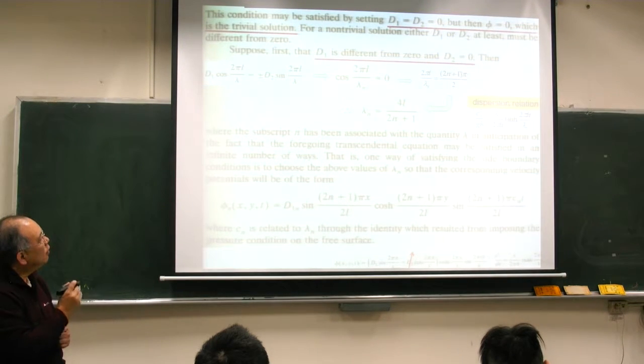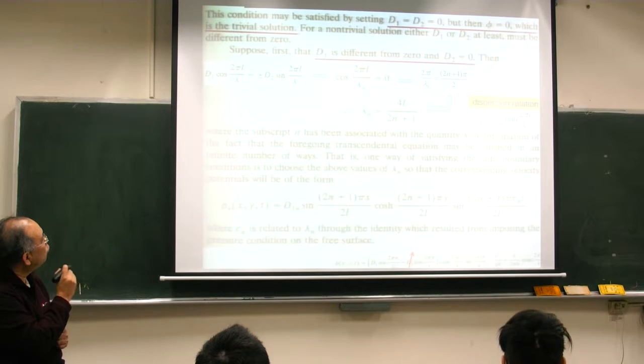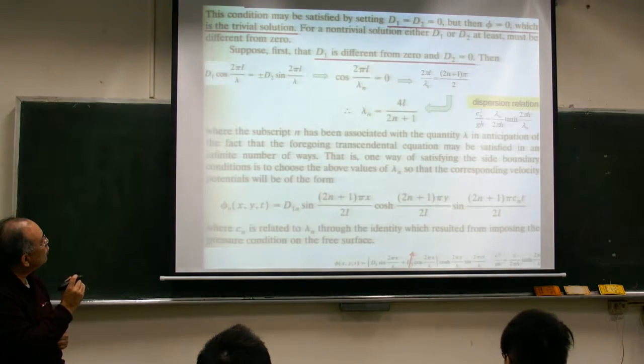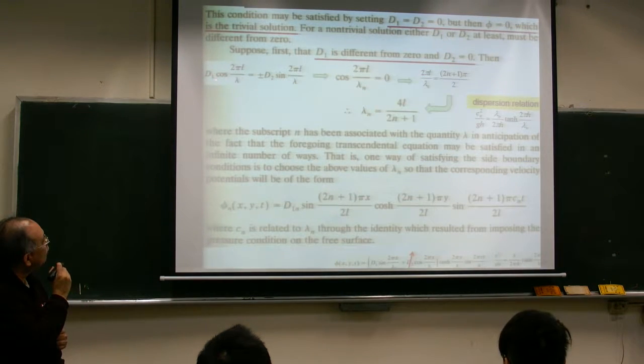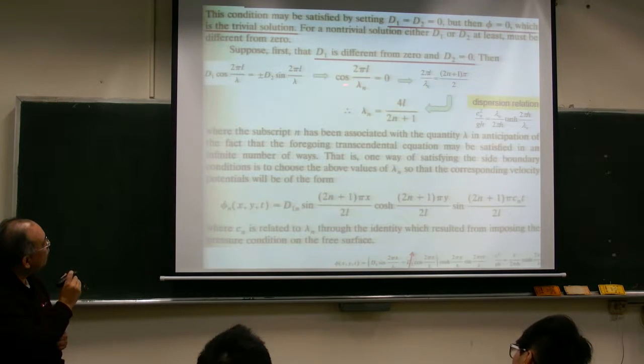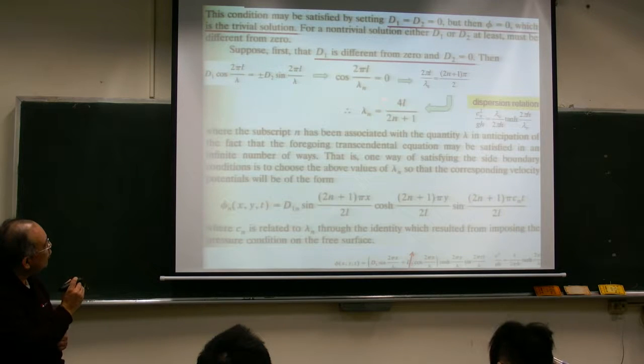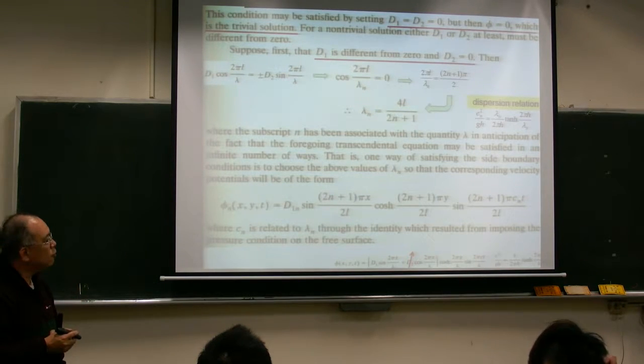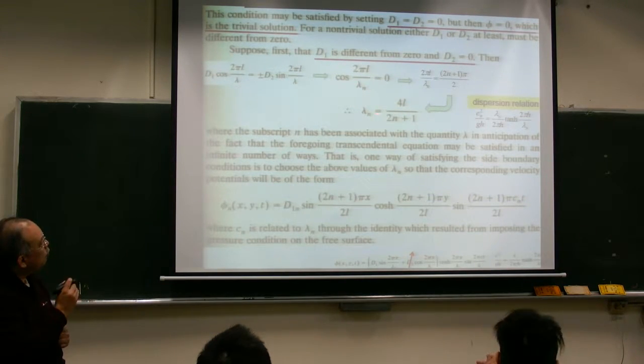As I said, if you want to satisfy this equation with D2 equal to 0, then this equation becomes like this, and this lambda n should be equal to this, otherwise it will not equal to 0.